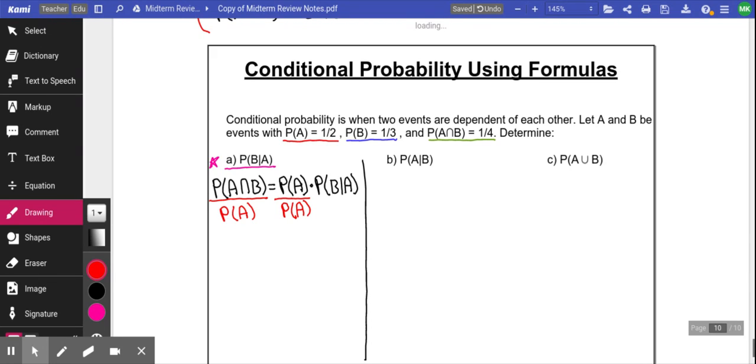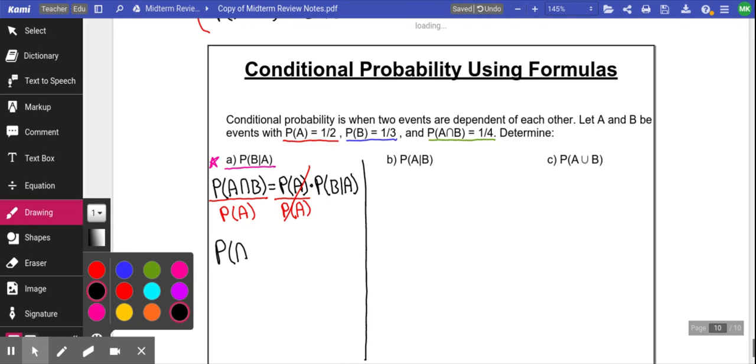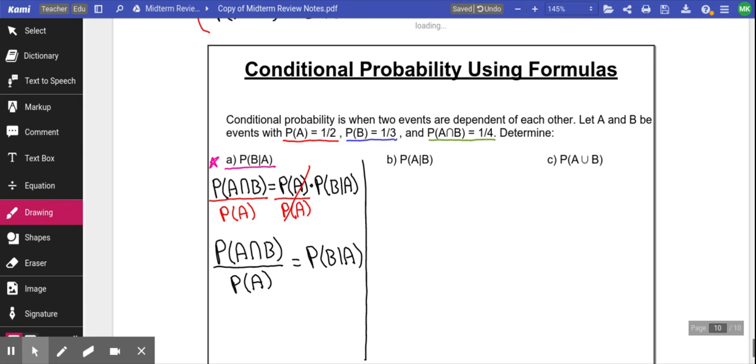This gives us a new rearranged formula, which says the probability of A and B divided by the probability of A will equal the probability of B given A. So we rearranged our formula so that we got what we want by itself, and now we can start plugging in numbers.